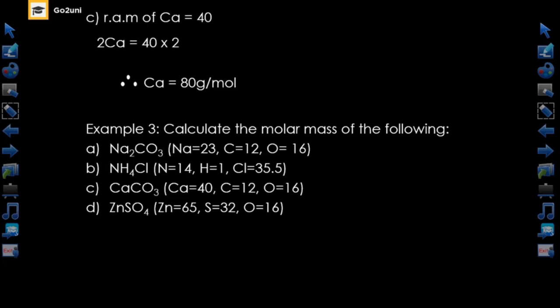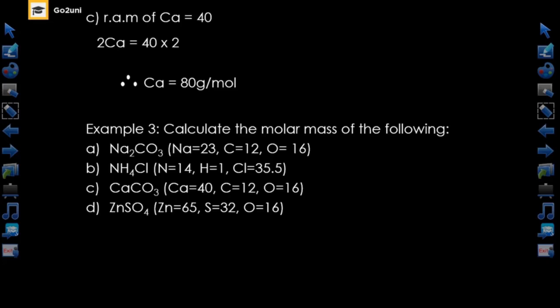We are not expected to round it up. Calcium is 40, carbon we've seen is 12, oxygen is 16, zinc is 65, sulfur is 32, and oxygen is 16. So these are all the relative atomic masses of these individual elements provided in the brackets.